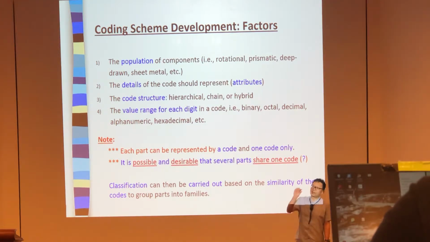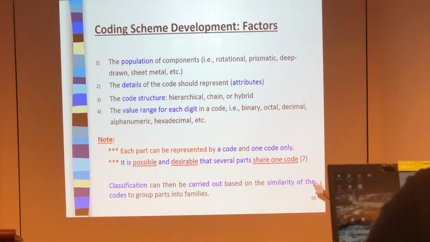If you only have very limited alternatives, if you only have 2 alternatives, you use binary. Octal, you could use 8. Decimal, 0 to 9, you have 10 differences.